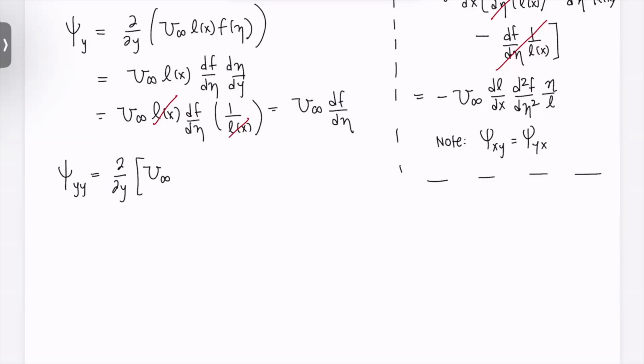So we have u infinity df d eta. Again, I'm going to do the chain rule because eta depends on y. So I have u infinity, second derivative of f with respect to eta times d eta dy, which is u infinity, and then I pick up a factor of 1 over L.